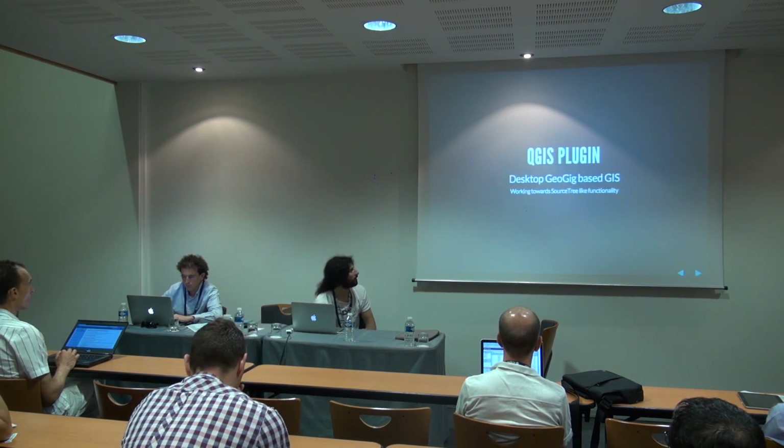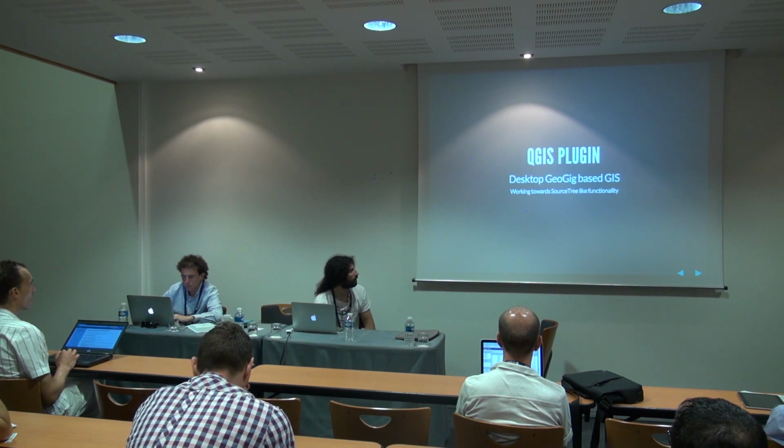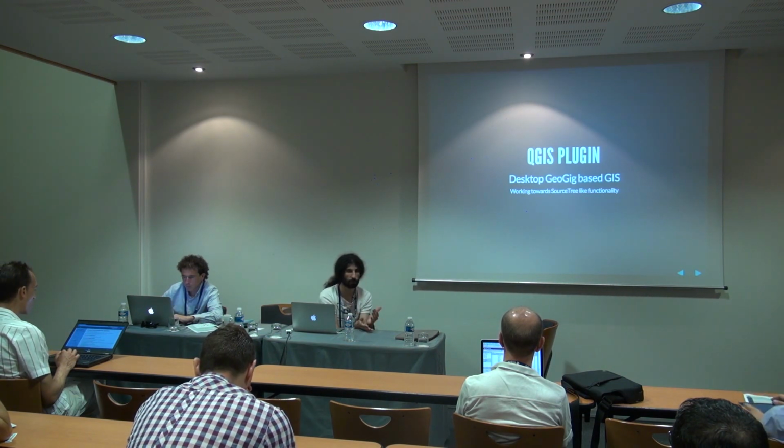So the QGIS plugin, I'm going to get a little bit more into detail with that. Basically we try to have a desktop solution for GeoGit, moving from the command line to a desktop tool. Of course, we can put GeoGit-based functionality also on a web client and do things like that.